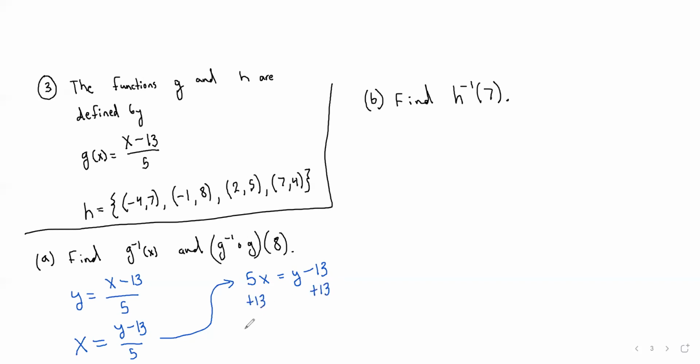On the left, we have 5x plus 13, and on the right, we have y. To complete our answer, we now replace y with g inverse of x. So g inverse of x is equal to 5x plus 13. So this is our g inverse.